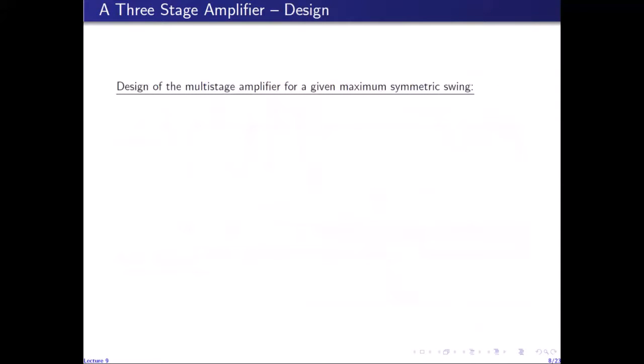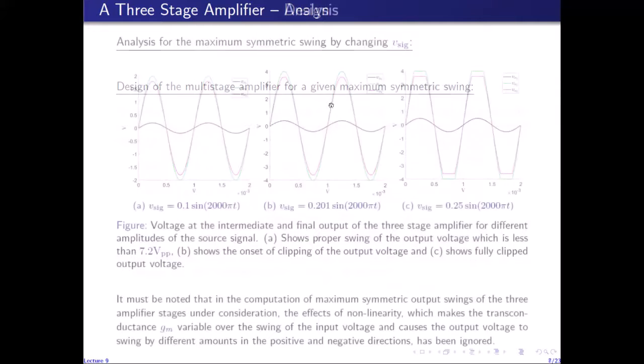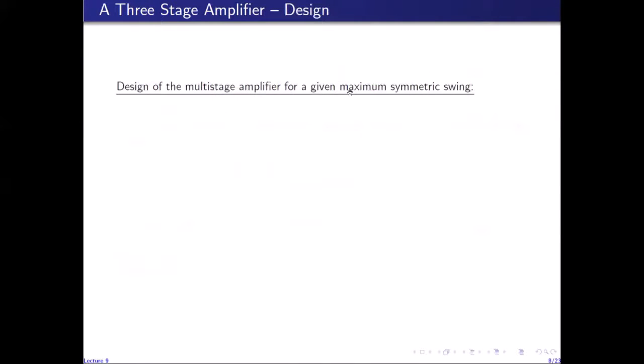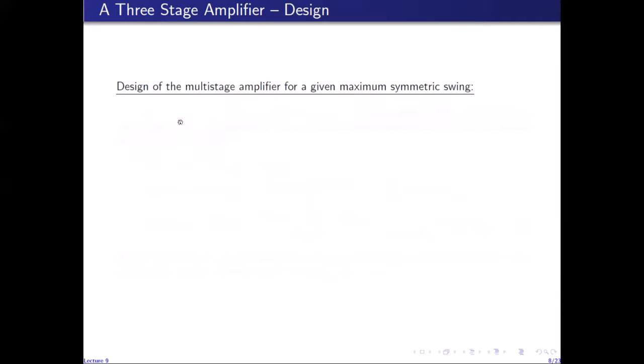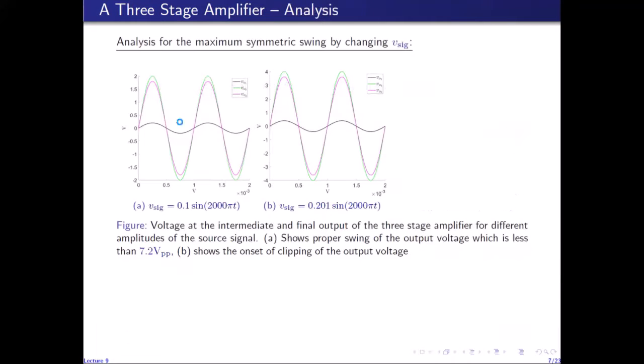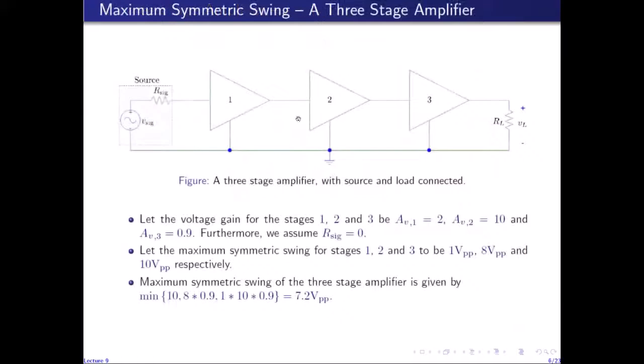So, apart from the analysis, given the maximum symmetric swing constraint of the multi-stage amplifier, we can design the individual stages in the multi-stage amplifier for individual maximum symmetric swing. In this example, I'm using the same three-stage amplifier circuit as shown here.